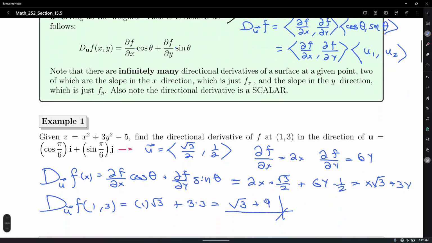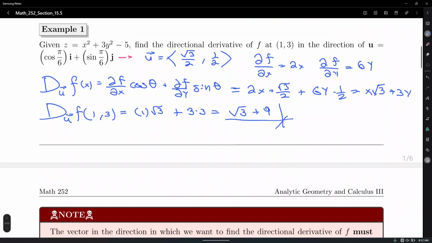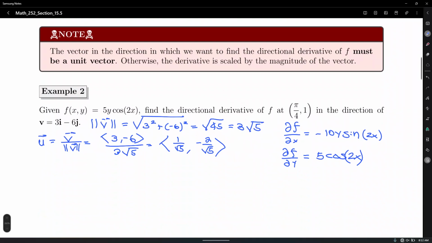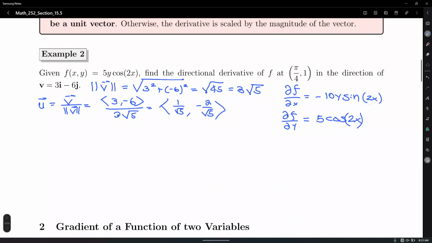In this example we're no longer given an angle. Of course, you can do arctangent of negative 6 over 3, and you're going to get an angle, but in this case that's not going to give us exact numbers, because I'm pretty sure that's not going to be a nice angle. So what are we going to do?